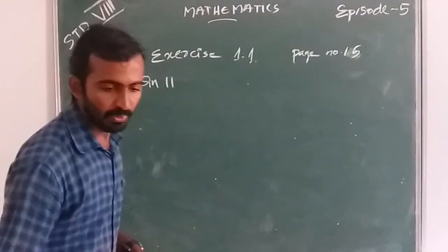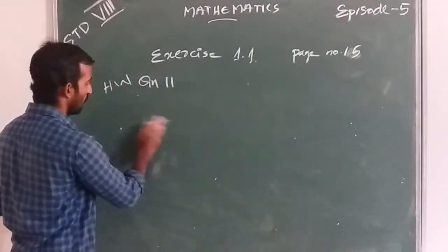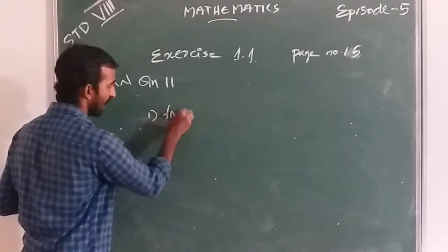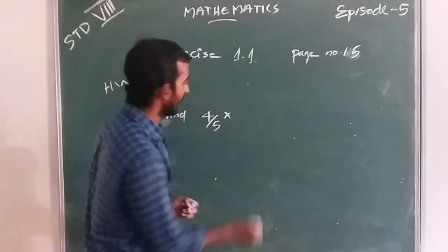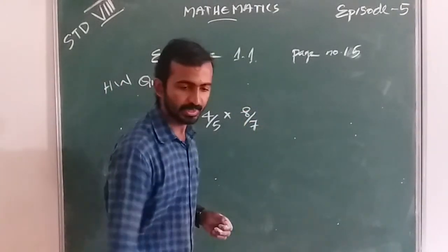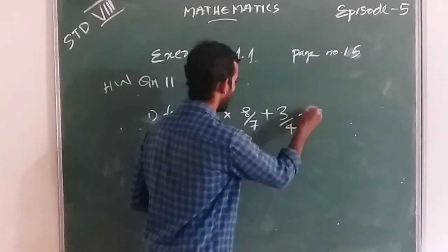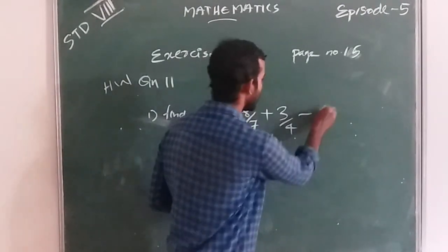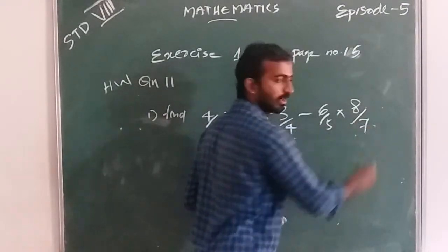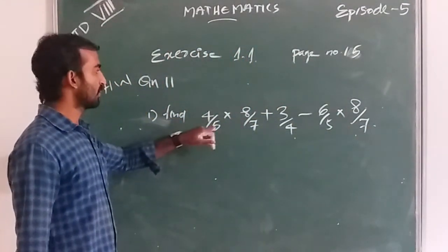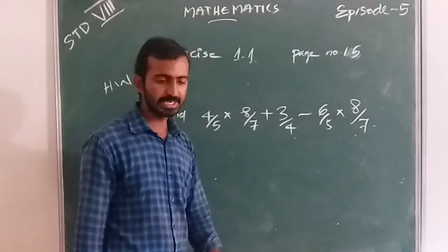Also find 4 by 5 into 8 by 7 plus 3 by 4 minus 6 by 5 into 8 by 7.